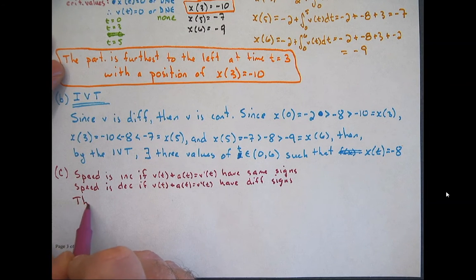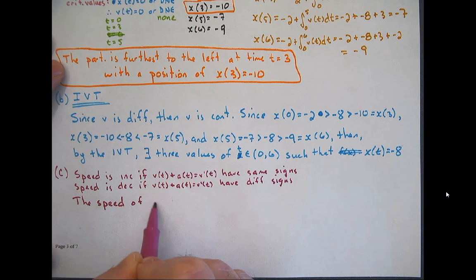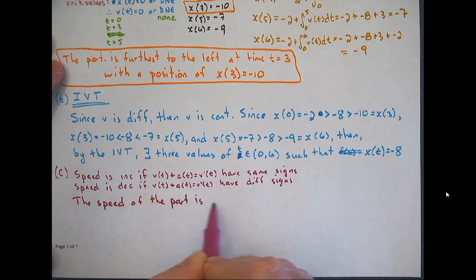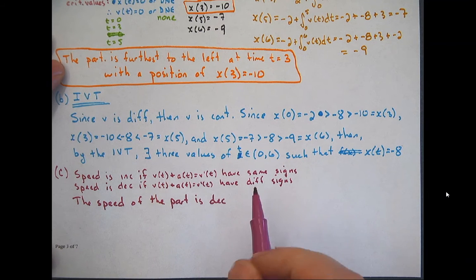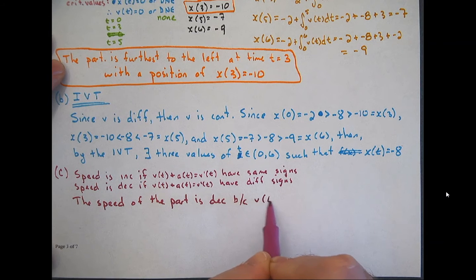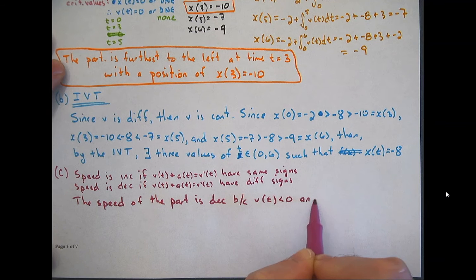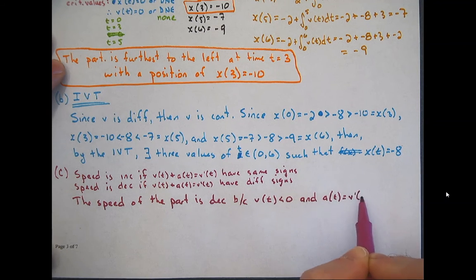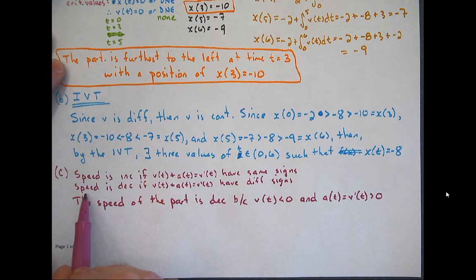The speed of the particle is decreasing because v of t is less than 0 and a of t, which equals v prime of t, is greater than 0.